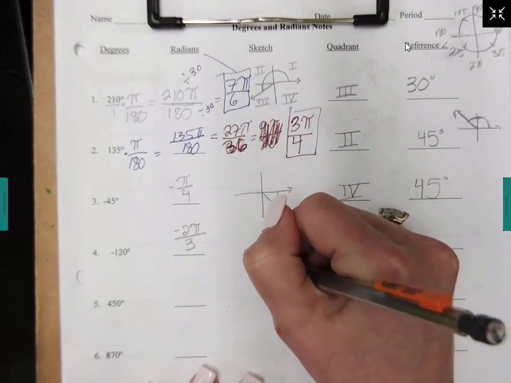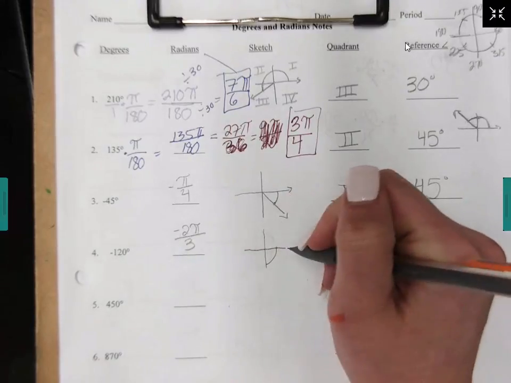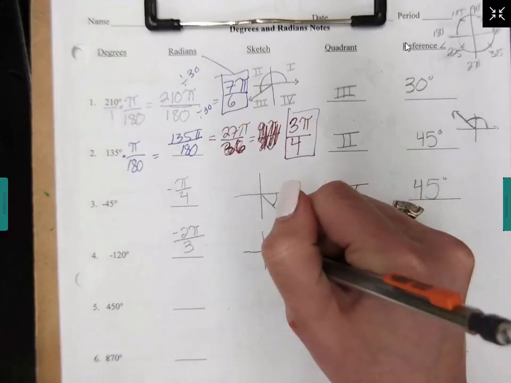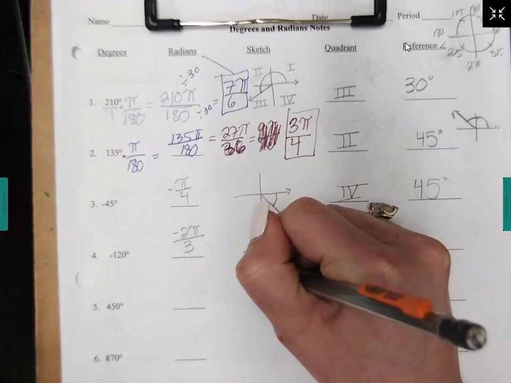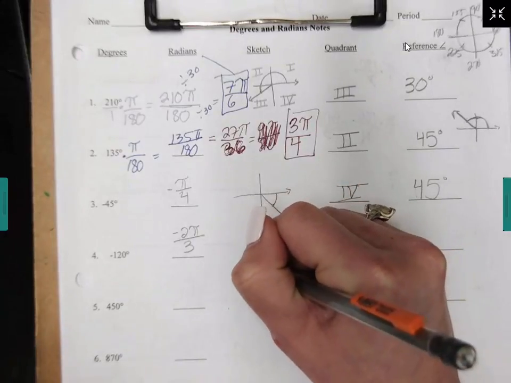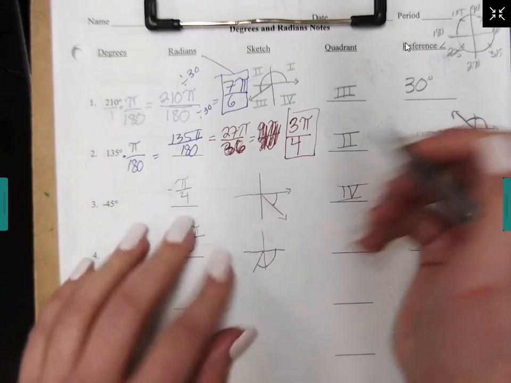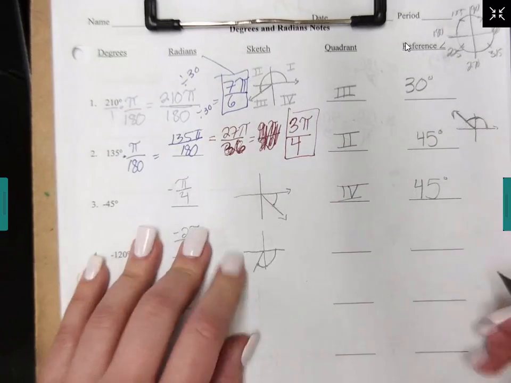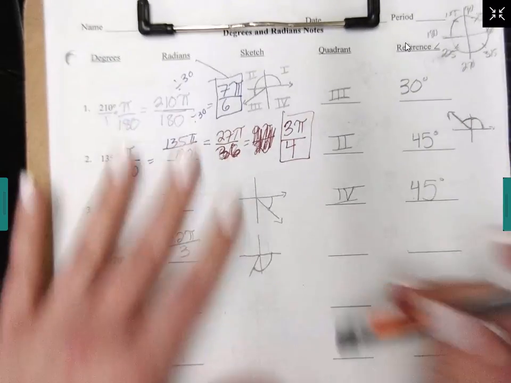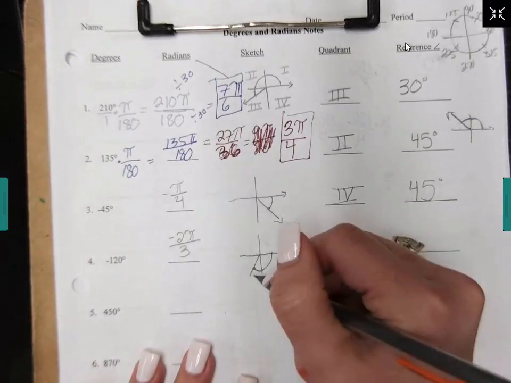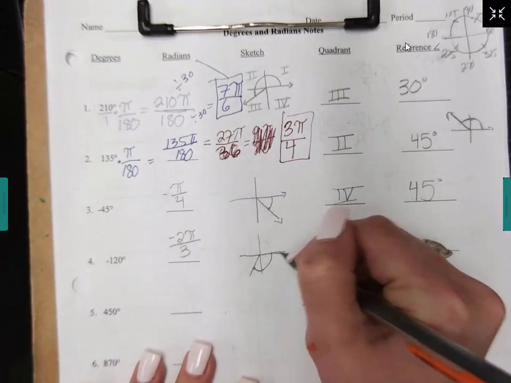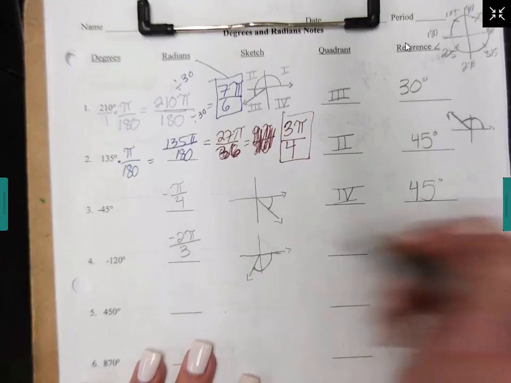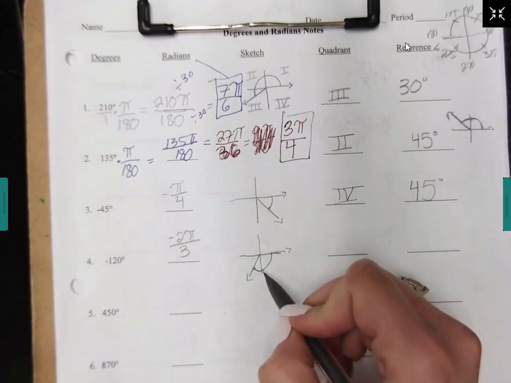We go 90 degrees, and then how many more degrees do we need to go? 30. So we went 90, and we have 30 more to go, so something like this, maybe a little bit closer to the edge. That's fine. Is that okay? Yep. So we rotated 90 and then another 30.